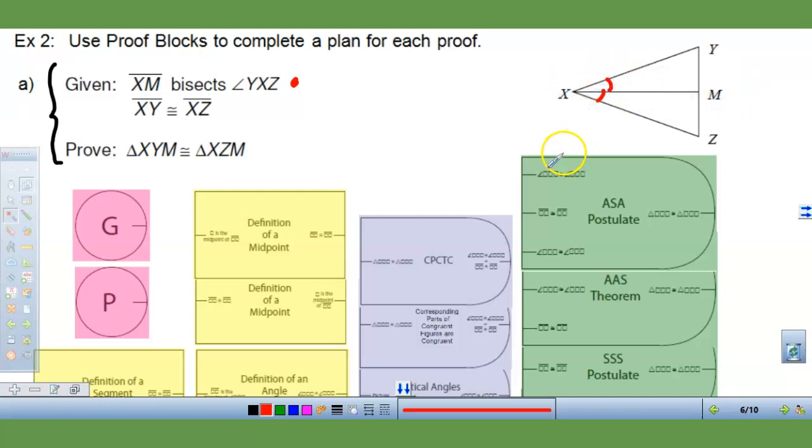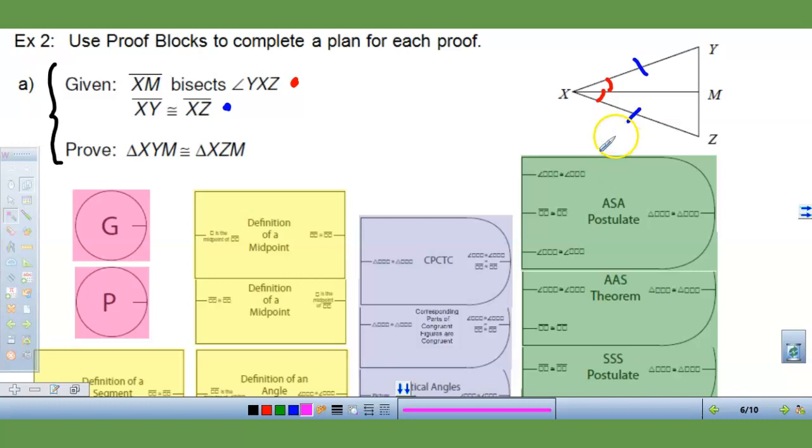They would put a mark there. And then if we had another statement that said XY is congruent to XZ, we would mark that up. Then we look for one more piece of information because all our theorems have three letters. We need an angle side angle, or a side side side. Right now we have two. So we tried to look at the picture and say, is there anything else that's congruent that we can get just by looking at the picture?